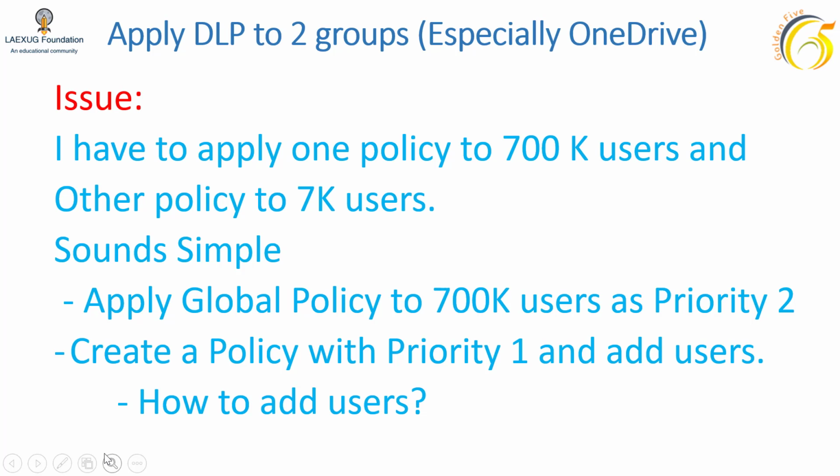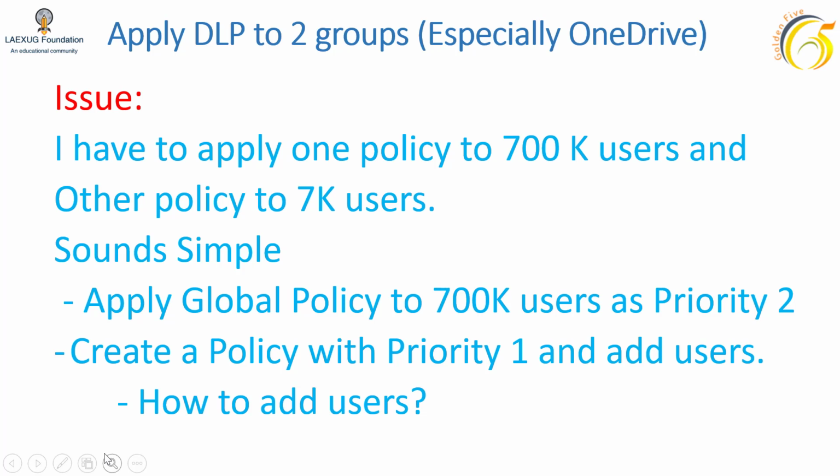When you're synchronizing from your on-premises, the limit is 50,000. You cannot synchronize more than 50,000 as members of one group. So you have to create multiple groups. Or for 7,000, they can be part of one group.